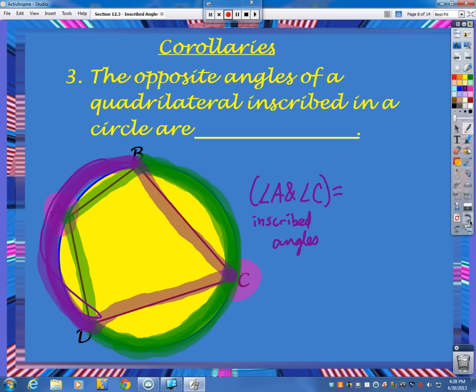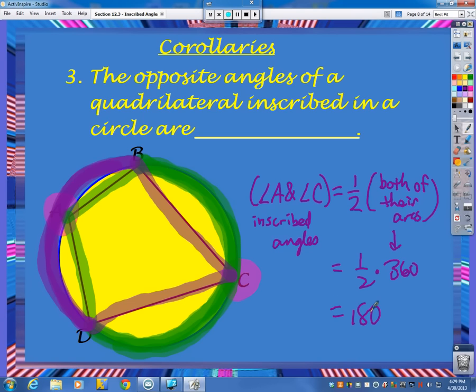So if we apply the same reasoning that the angle is equal to half the arc, both of these angles should be half of both of their arcs. And that is 360, and half of that is 180. So what did it mean for two angles to add up to be 180? I believe the term was supplementary. Yes, I put the emphasis on the wrong syllable. Deal with it.